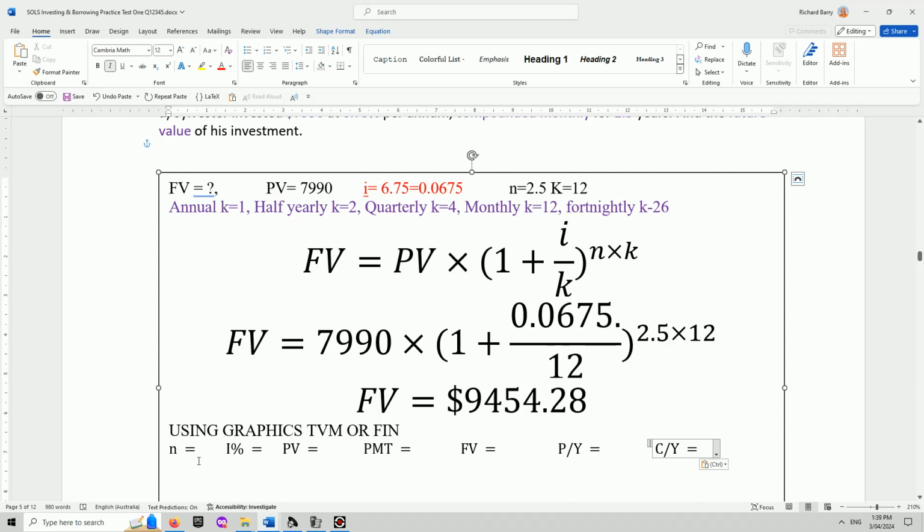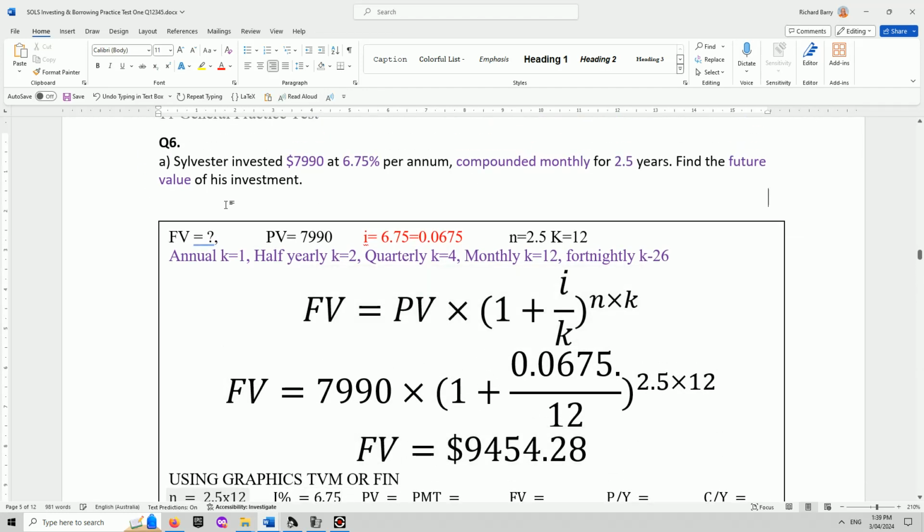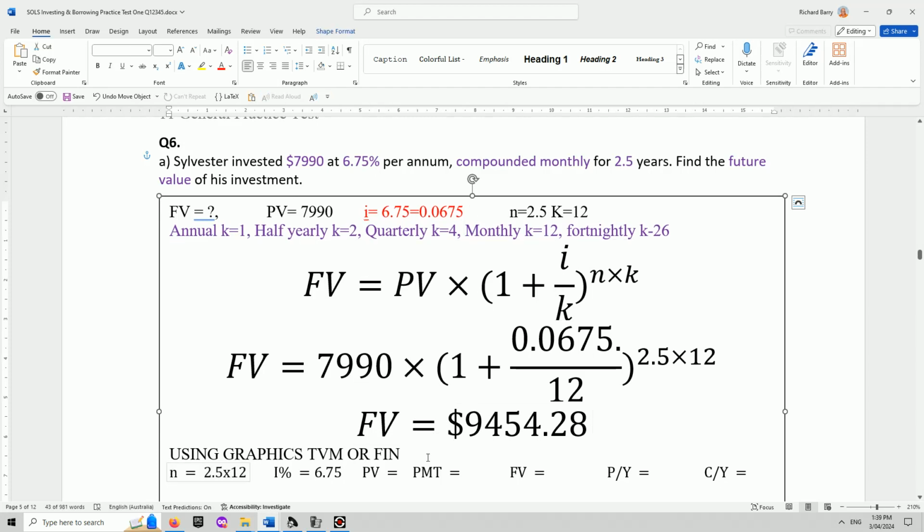It is important that n is 2.5 times 12, and I is 6.75.